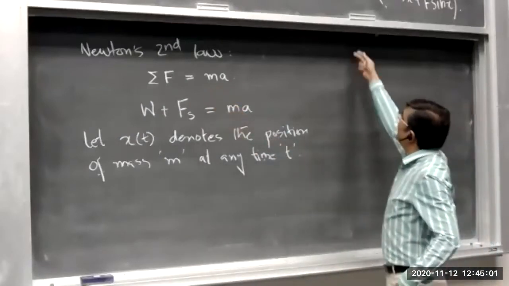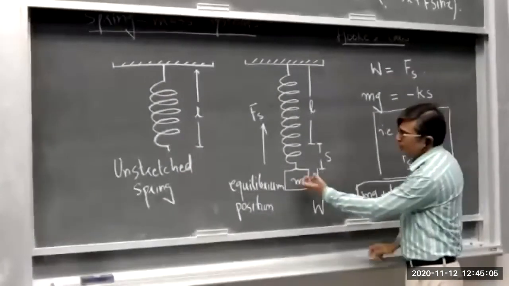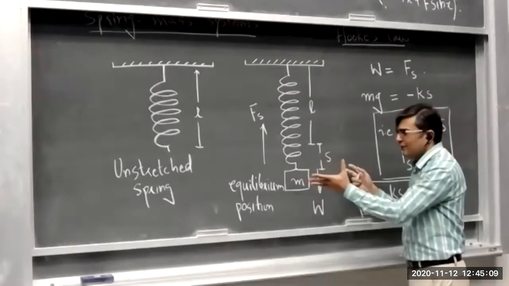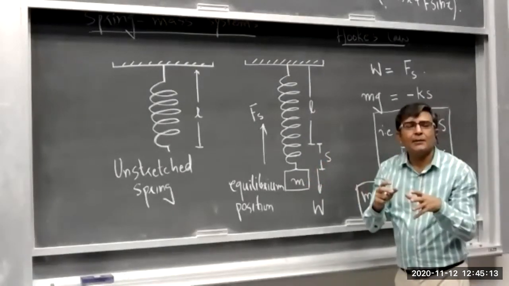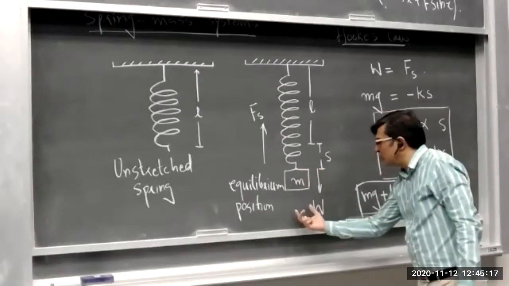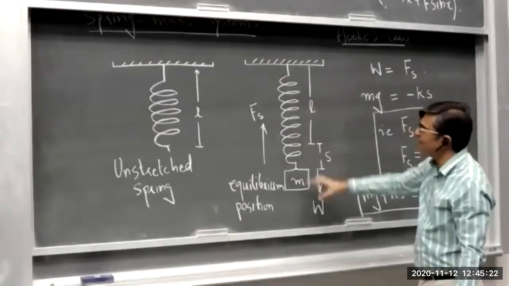I told you that we pull this mass downward or upward and leave it, and then it starts oscillating. When we pull it down, there must be some further extension in the length of the string.